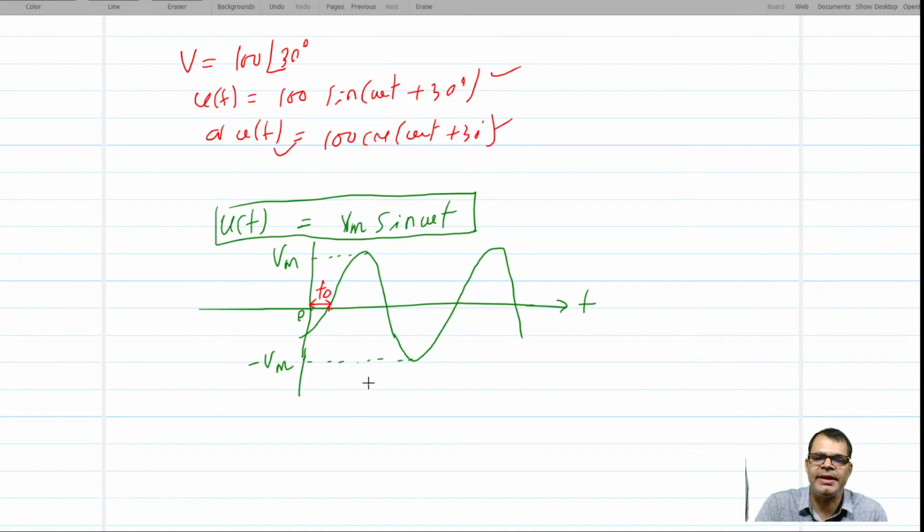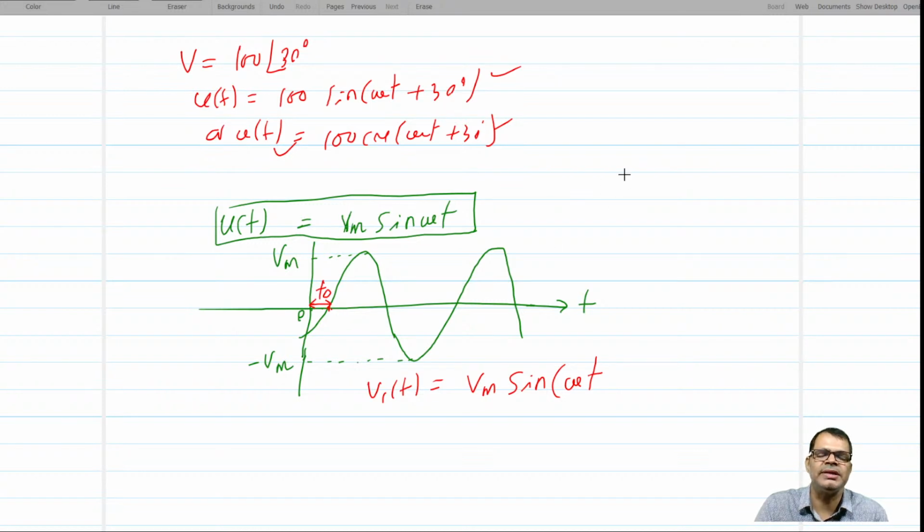So I can write V1(t): amplitude remains the same, frequency remains the same, so sin omega t, only lagged by time t0.